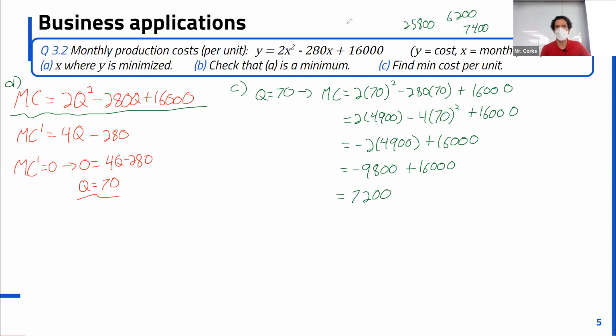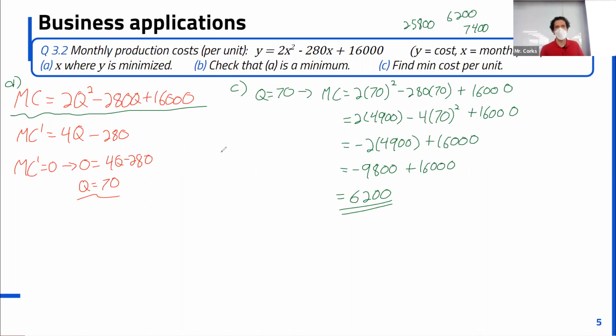Sorry, 6,200. Sorry, I was looking at the wrong thing. 6,200. Okay, does this seem correct to everyone? We did get lots of different answers for C. This seems okay? All right.